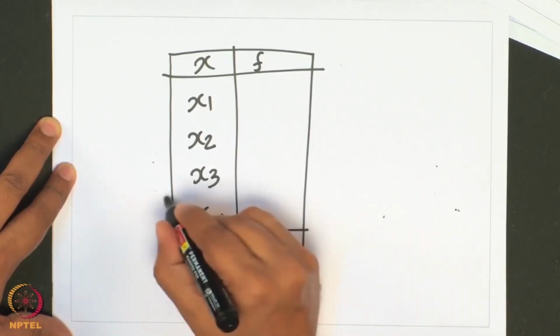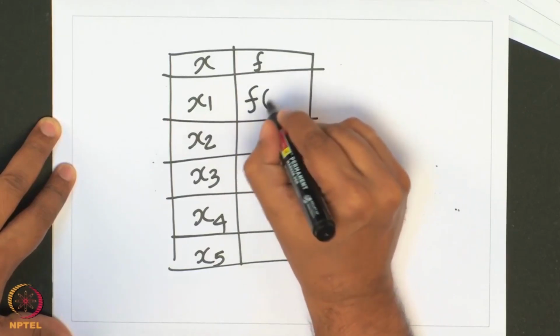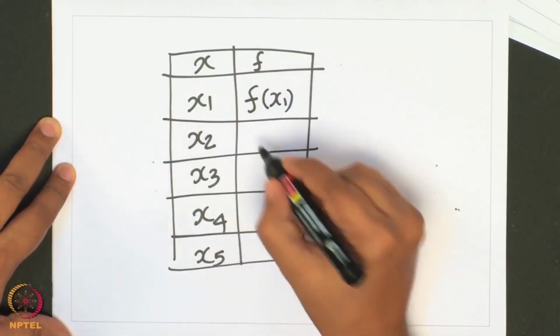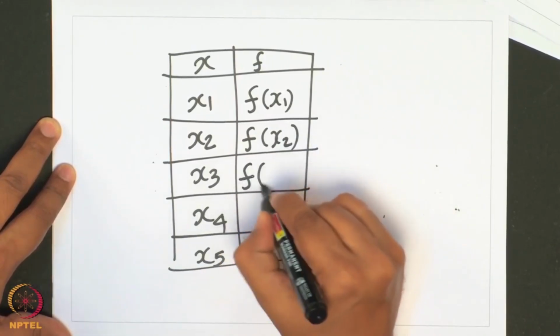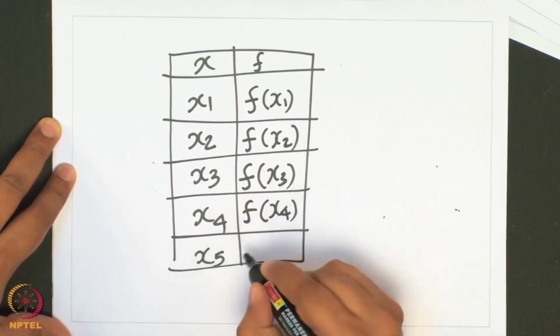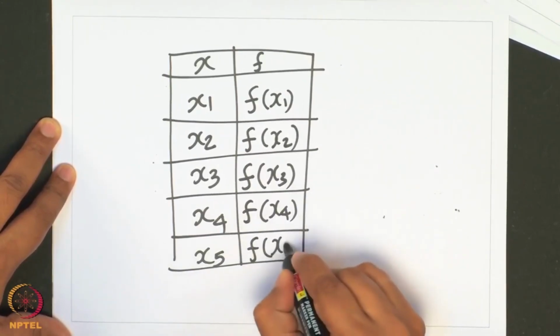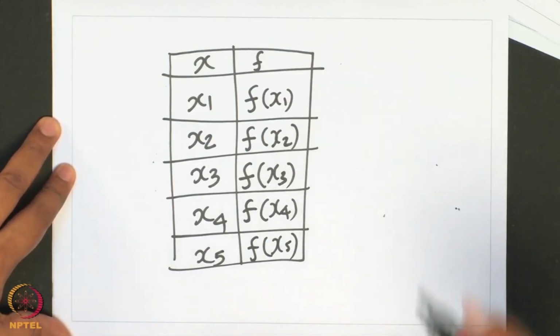Correspondingly, there is some f corresponding to x1, an f corresponding to x2, an f corresponding to x3, an f corresponding to x4, and an f corresponding to x5. This is what a typical data table would look like.